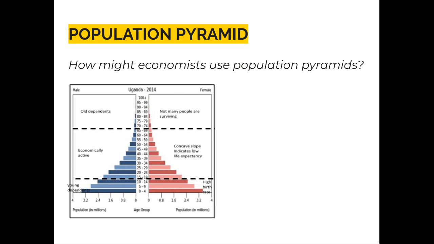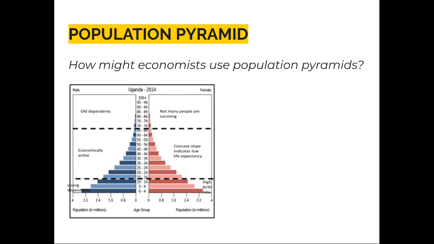So in one population, we can have 3 age groups: young dependents, economically active, and old dependents. So what does it mean? It means the ratio can be, let's say, 1 to 2: 1 for economically active, 2 for dependents, right? That's for the y-axis, the vertical line.